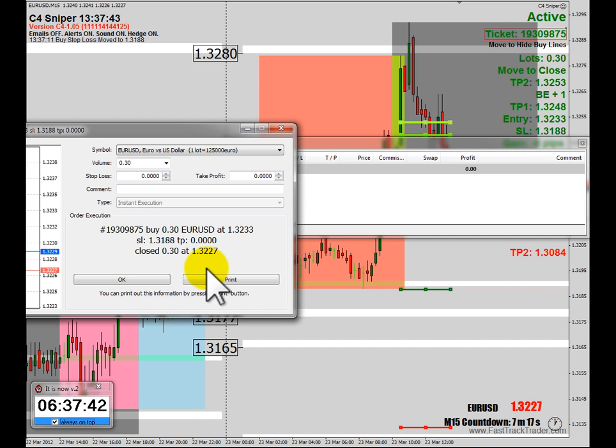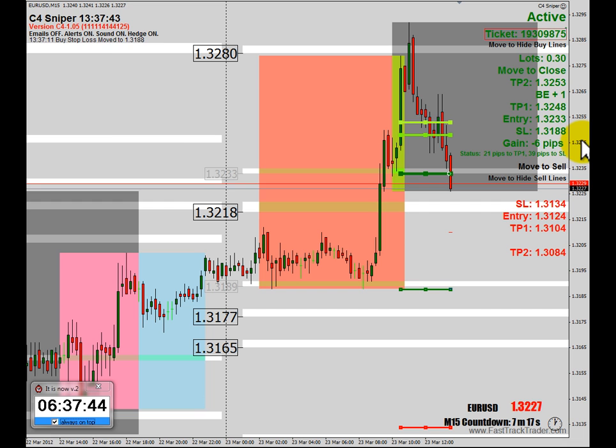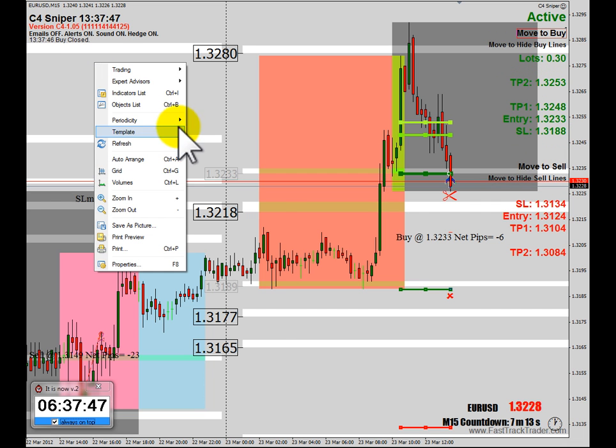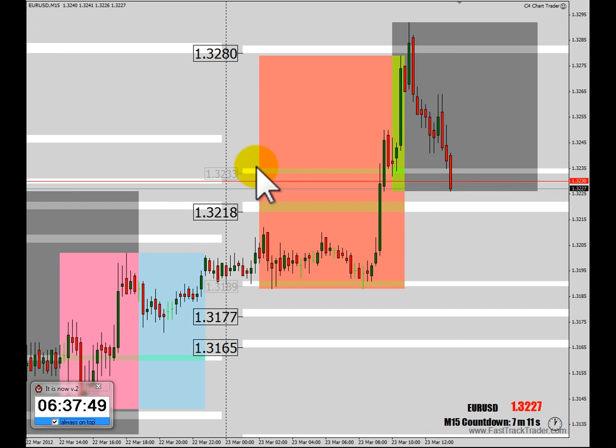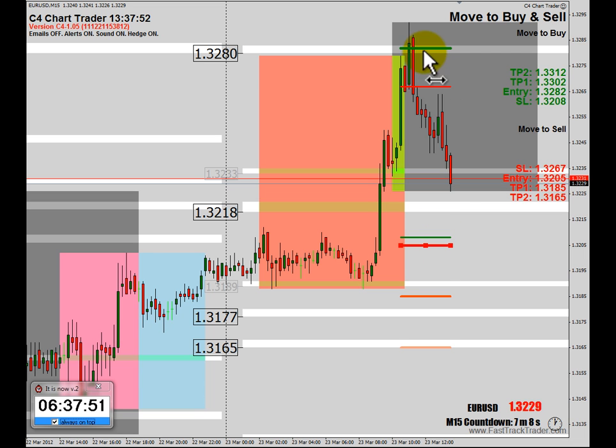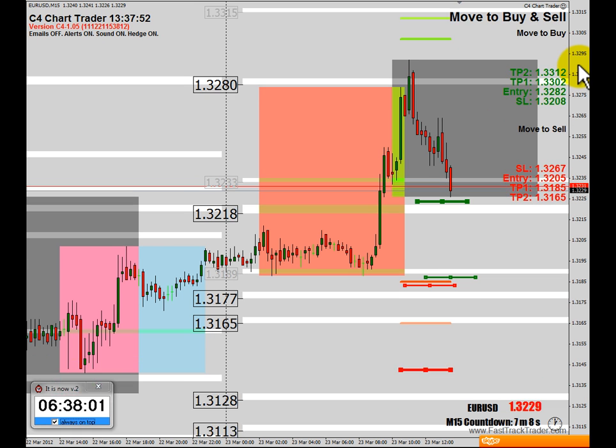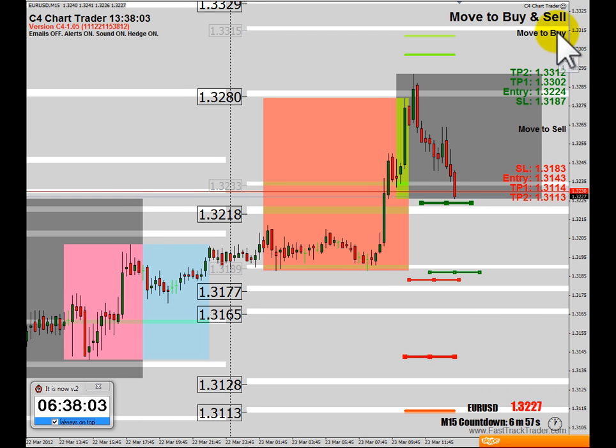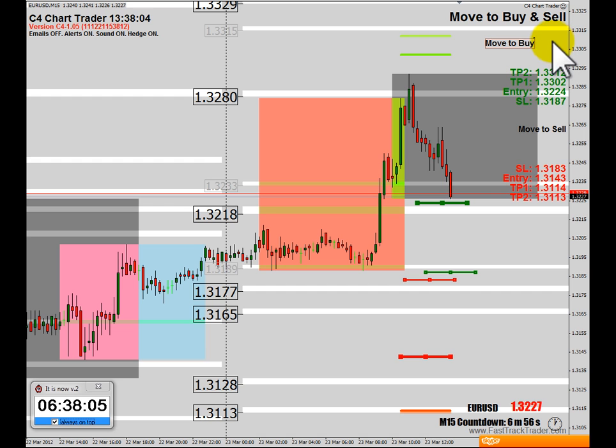So I'm just going to close it, flip this template to chart trader, set up my buy like here, get these lines out of the way, hide my stop here, move to buy, park the buy.